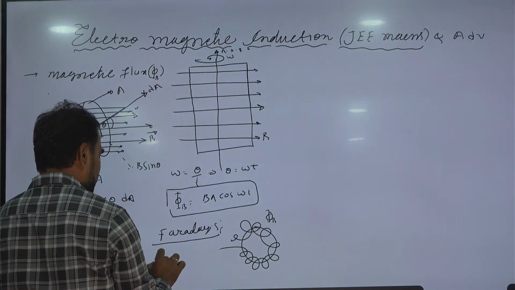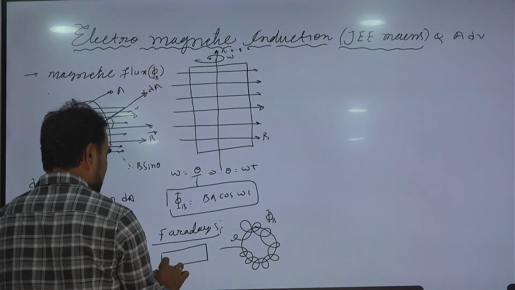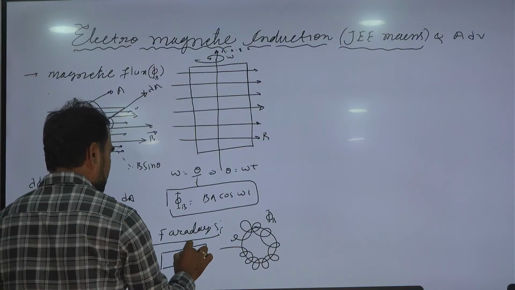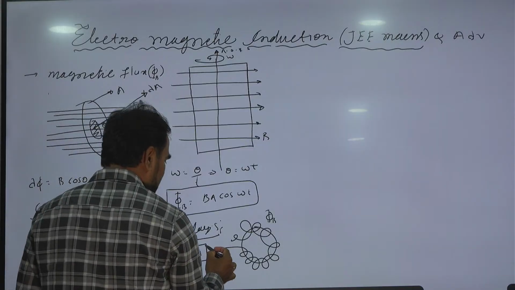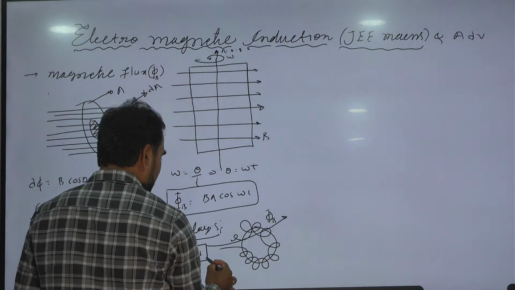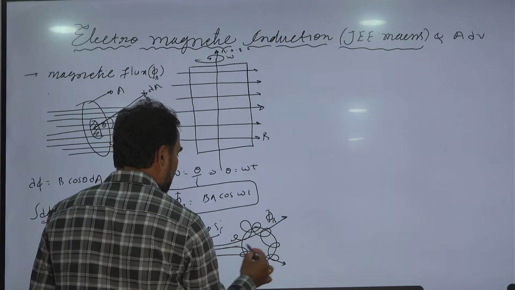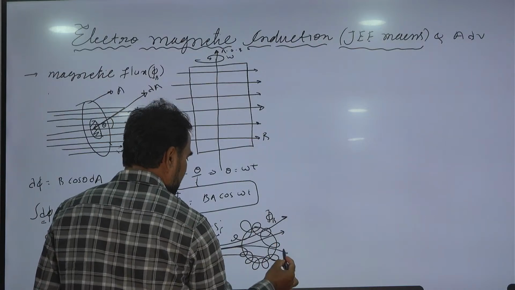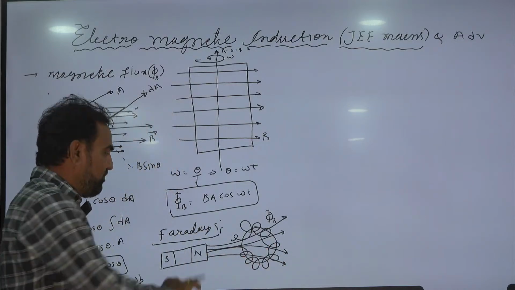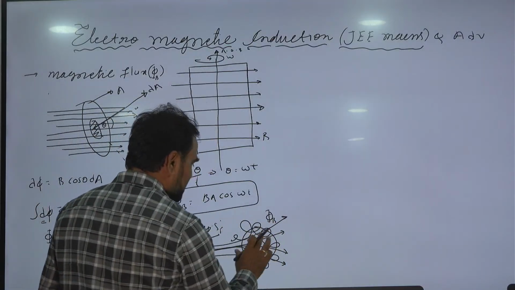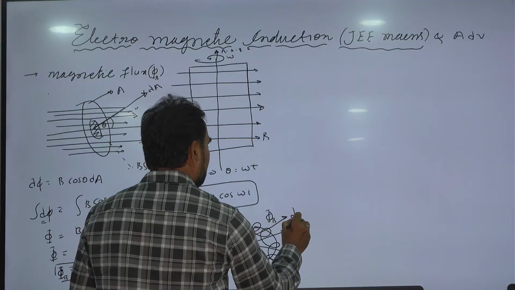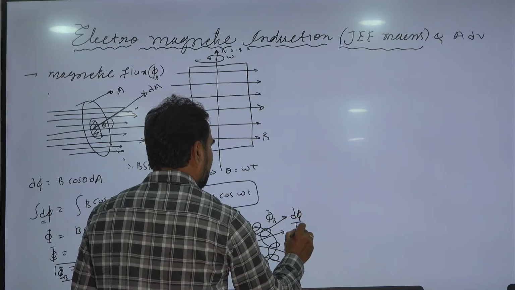How would the flux change? Suppose consider a magnet. This is a magnet. It has a north pole and a south pole. When a magnet is brought nearer to this coil like this, the flux associated with the coil changes with respect to time. The change of flux across the coil can be written as d phi by dt.